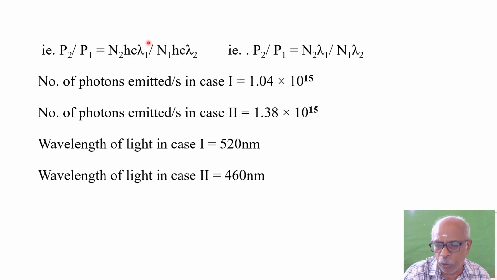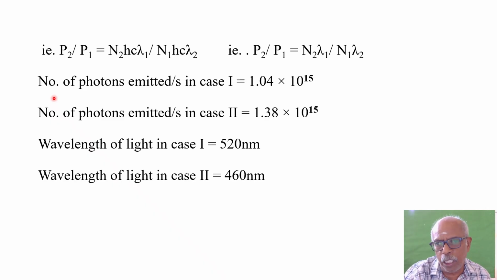This lambda 1 will go up to the numerator. So N2 hc lambda 1 divided by N1 hc lambda 2. hc is on the numerator and also in the denominator, so let it be cancelled. So P2 by P1 is equal to N2 lambda 1 divided by N1 lambda 2. Inversely proportional to wavelength.